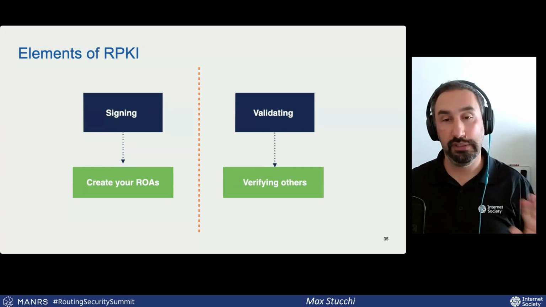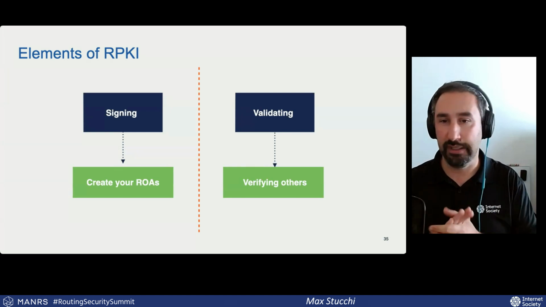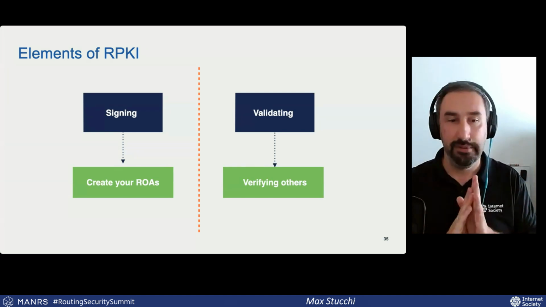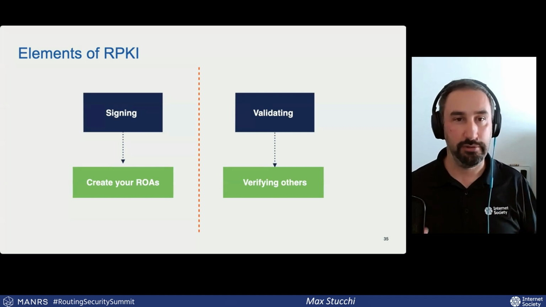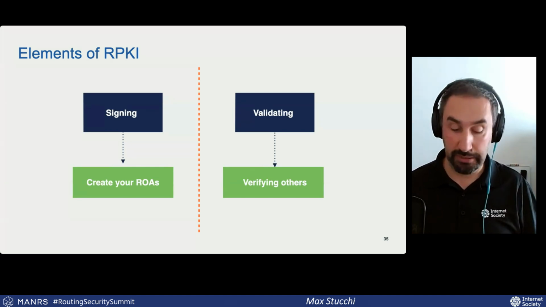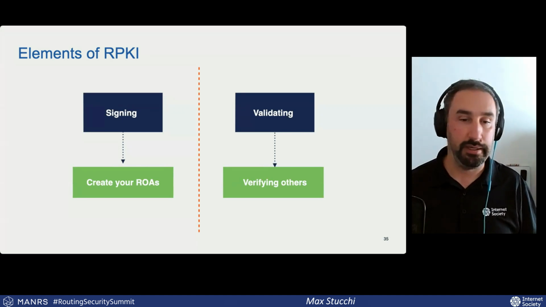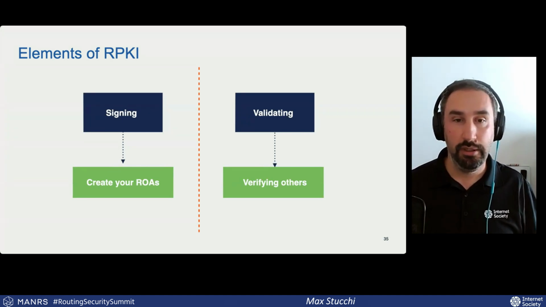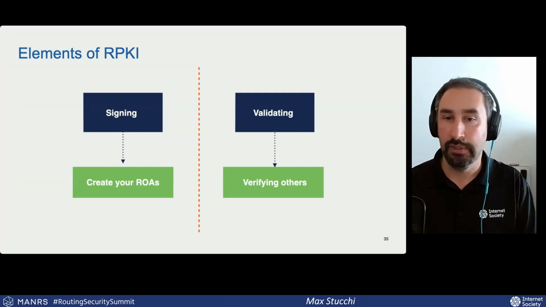They are two totally separate actions, and one can happen independently of the other, especially in your network. You could be a network that just signs its ROAs and doesn't do any validation, or vice versa. You could be a network doing validation, but without signing your own ROAs.